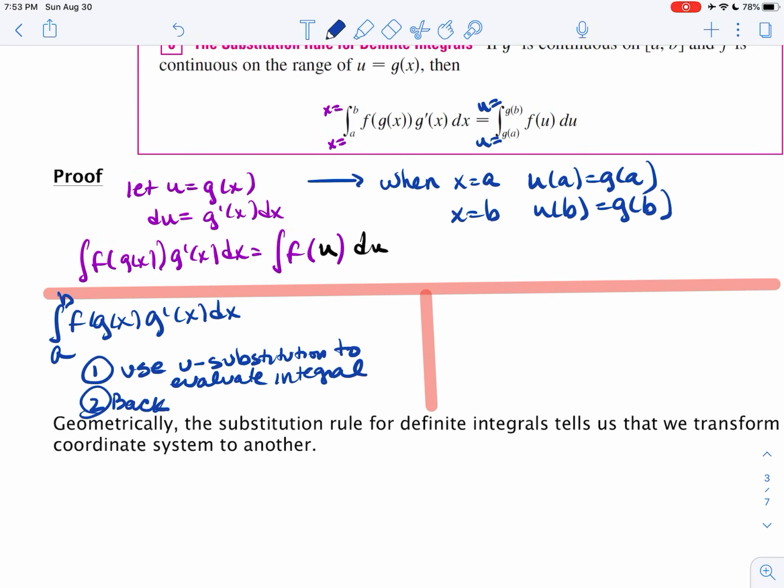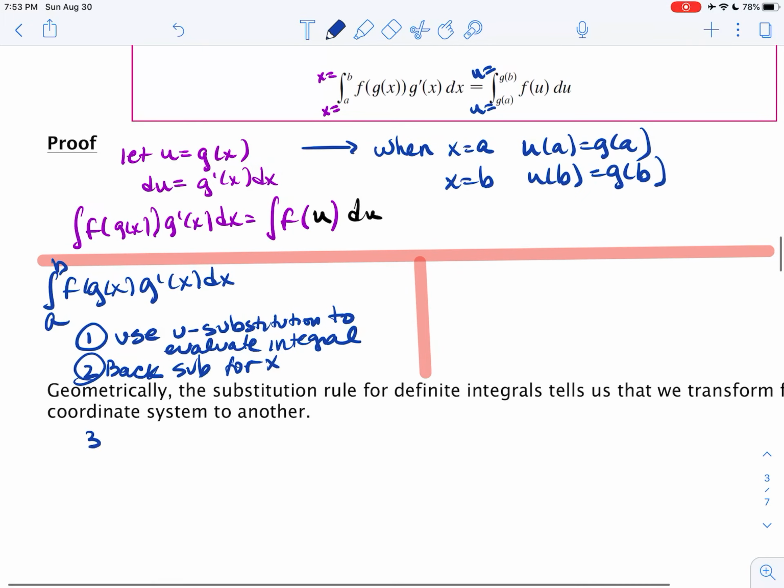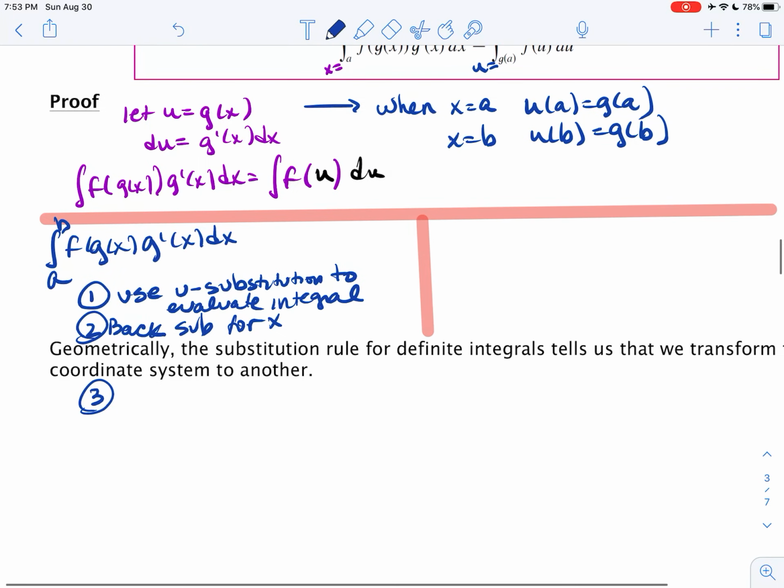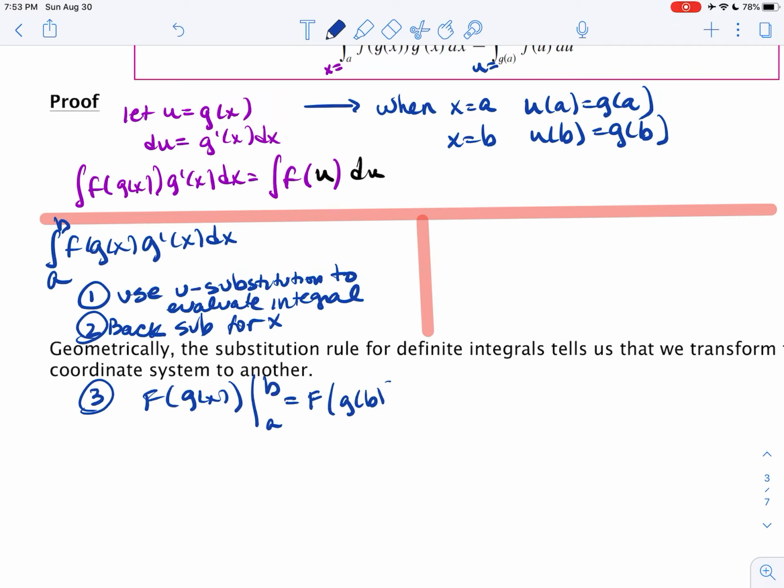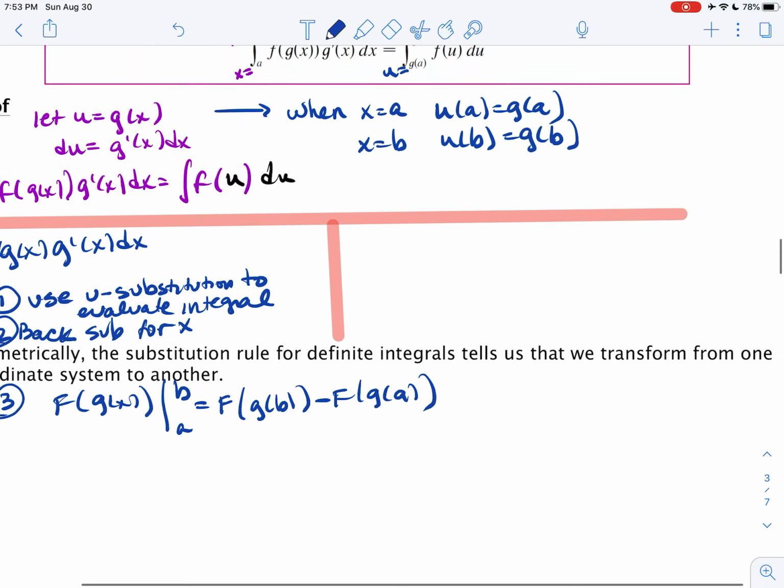Two, you can back substitute for x. And then step 3, you can have that big F of g of x from a to b, and you can do F of g of b minus F of g of a, right?